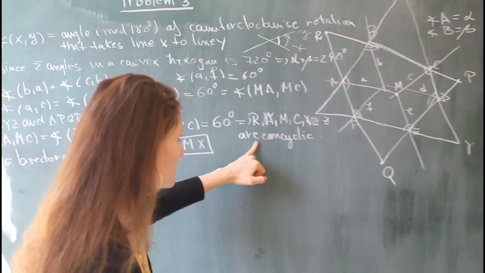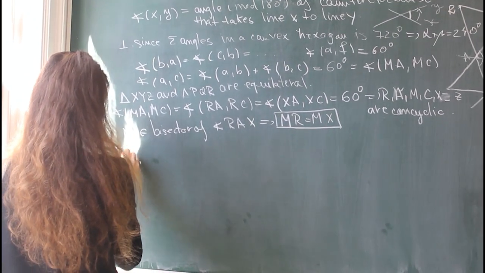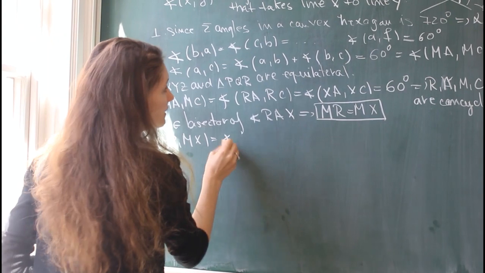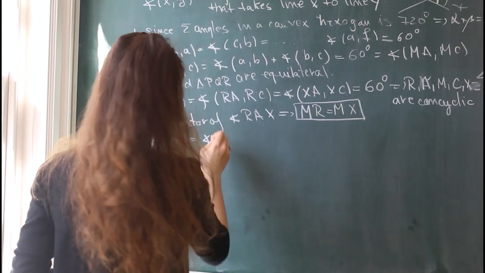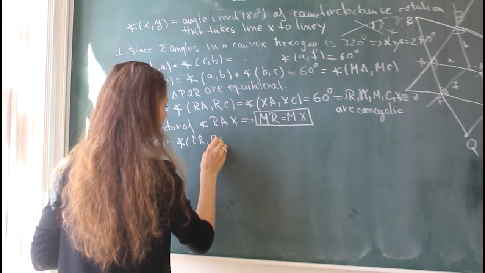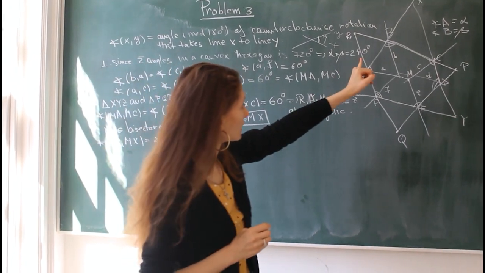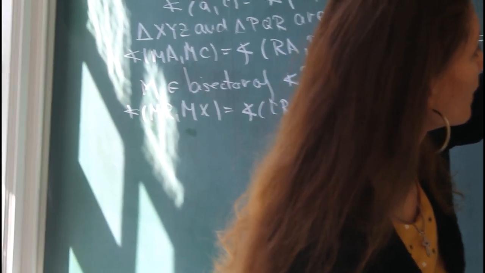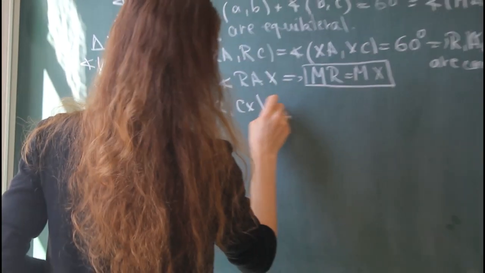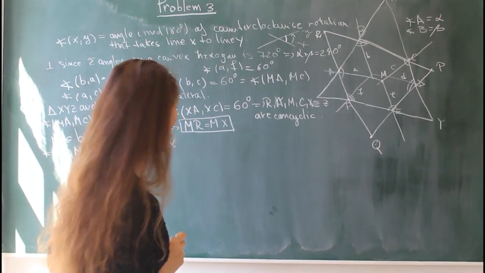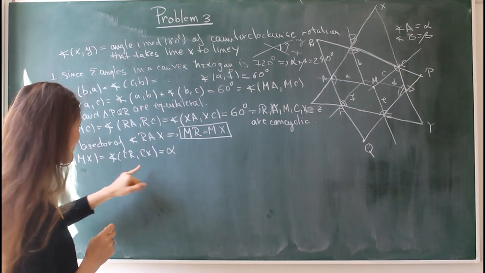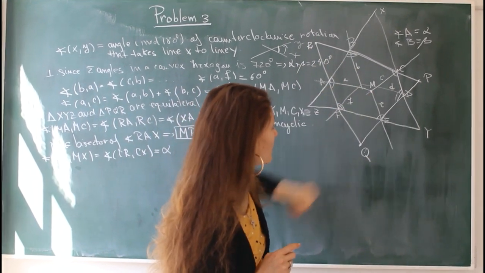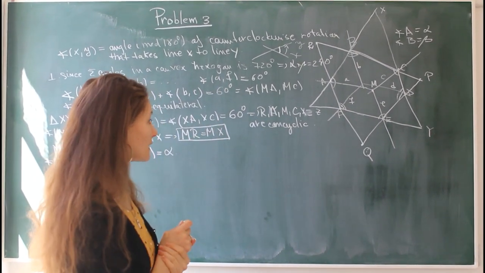Also, from the fact that these are concyclic, the angle between MR and MX is the angle between CR and CX. If we look at our picture, that angle is exactly alpha. So now we have that R and X are the same distance away from M, and the directed angle between them is equal to alpha.